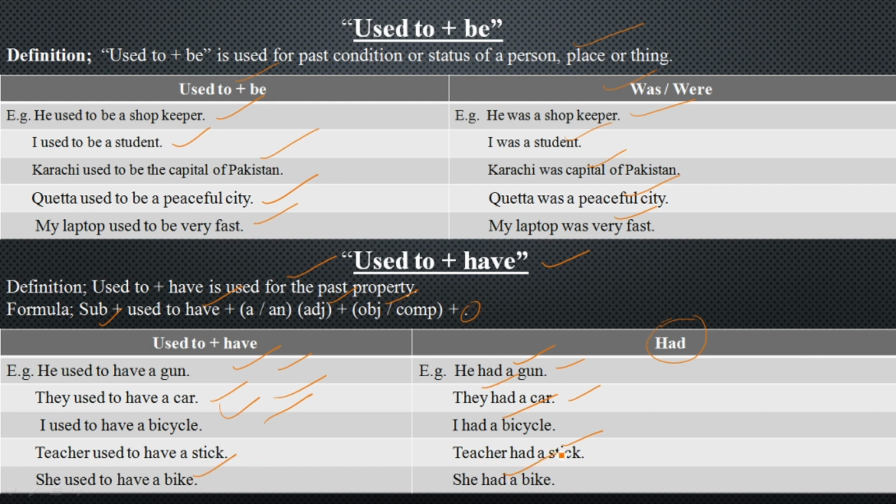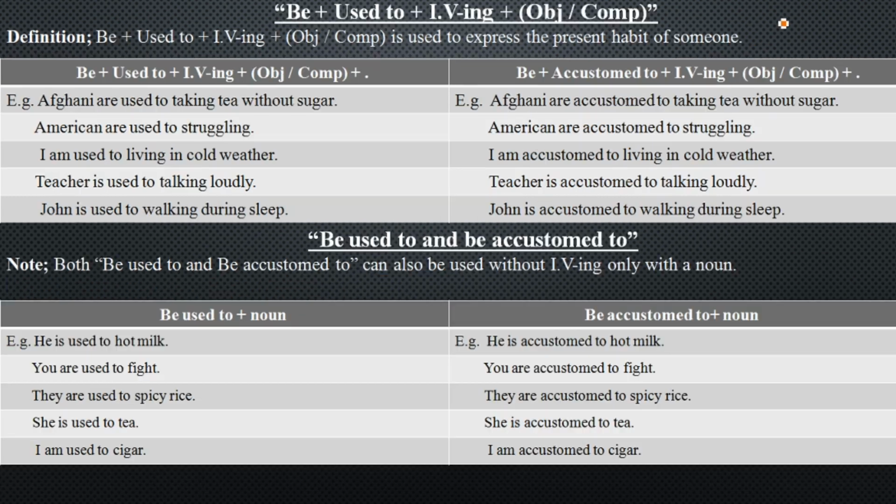She had a bike. So here used to have is equal to had. Here it is the formalized structure where you'll be using used to have, and in addition you'll have the simple sentences for property. Was and were for possession, the status of someone.